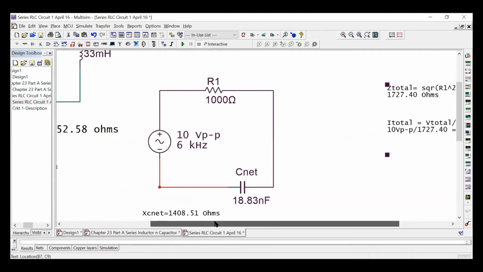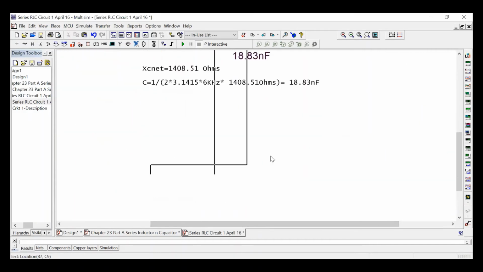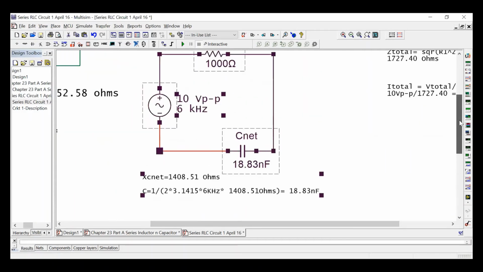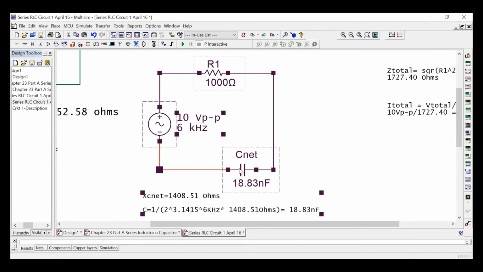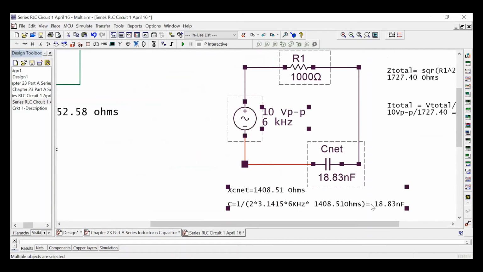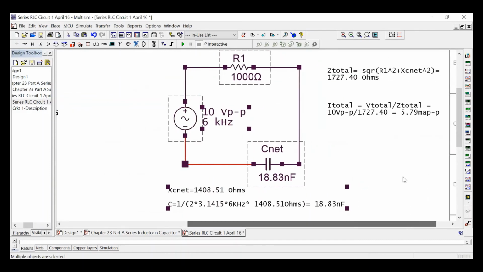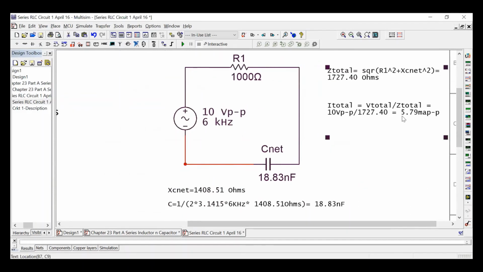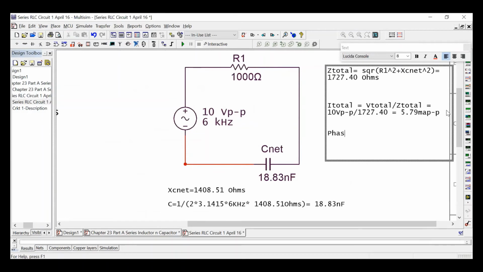Actually, we have one more thing to figure in here. That is the phase change. We've got to do that. All right, so we do have one more, that's the phase change. Phase change is going to be equal to, that's the theta.